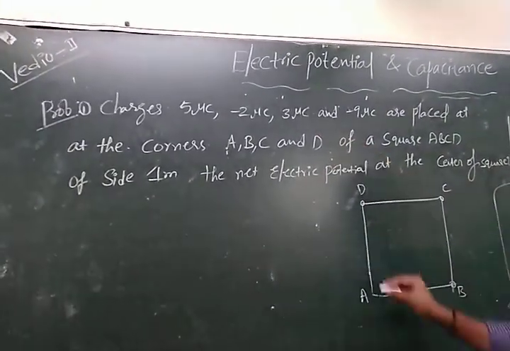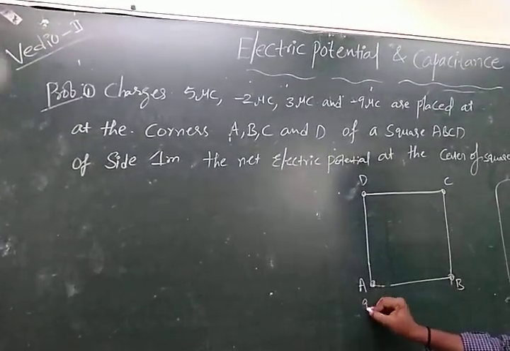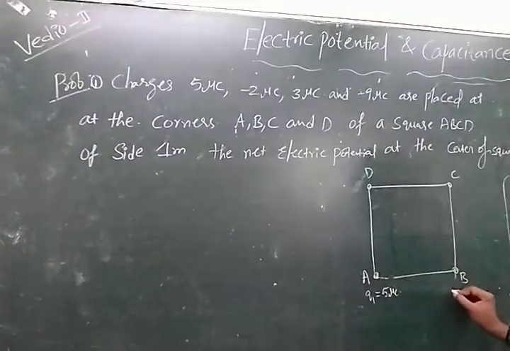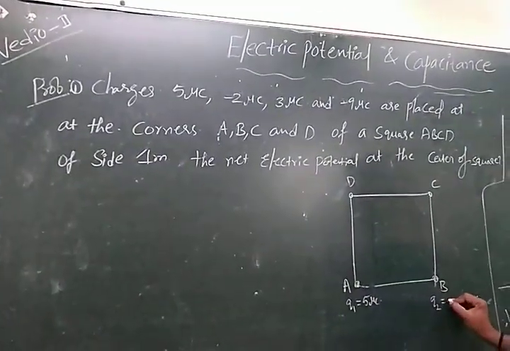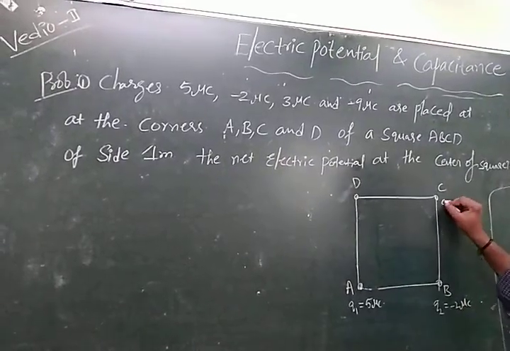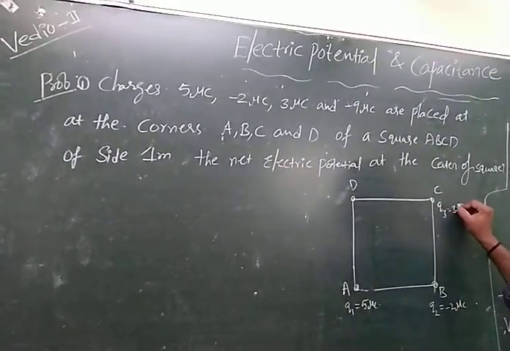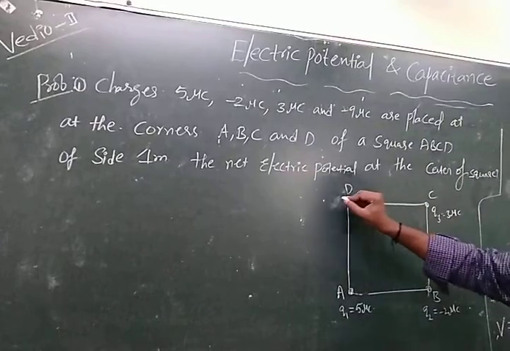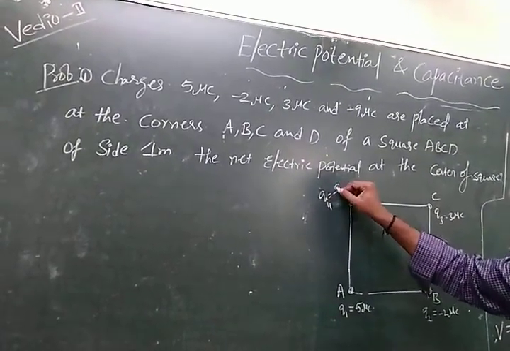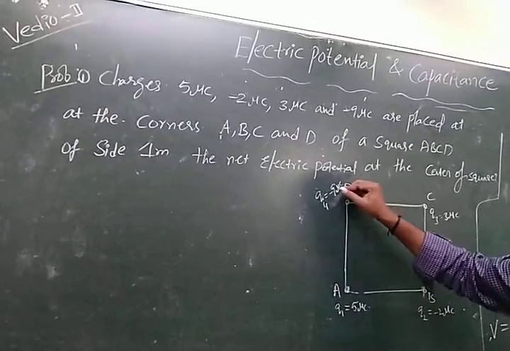So we are considering 4 charges: Q1 is 5 microcoulomb, then Q2 is equal to minus 2 microcoulomb, next Q3 is equal to 3 microcoulomb, and Q4 is equal to minus 9 microcoulomb.